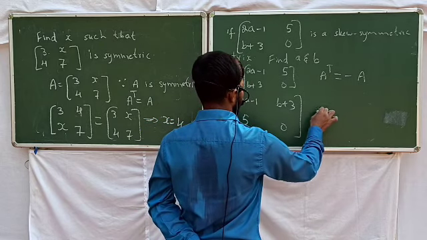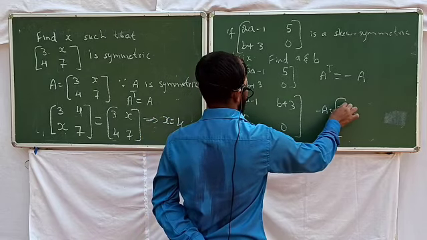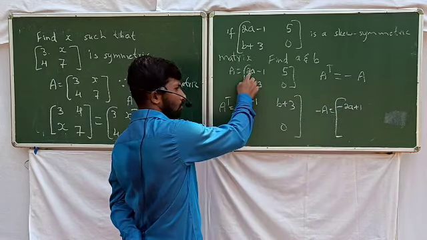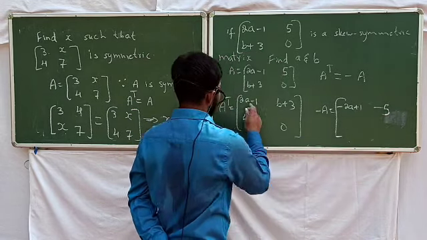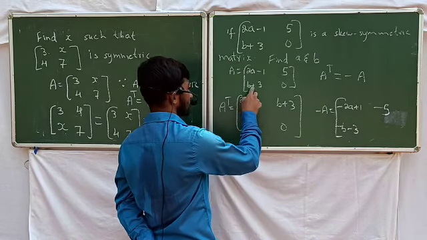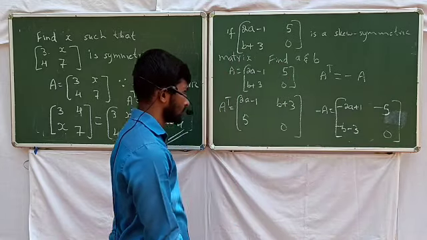Minus A value is equal to [minus 2a plus 1, minus 5; minus b minus 3, 0]. Okay, 0 is there.